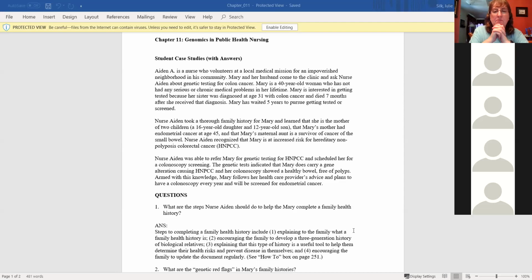They're all colon related. Okay. It seemed like they all were young when they got it too. Because if you look back up here, her sister was diagnosed at 31, Mary's 40 herself, and then I think her mother got her cancer at 45. So they're all pretty young, you know? So that would probably be another red flag.